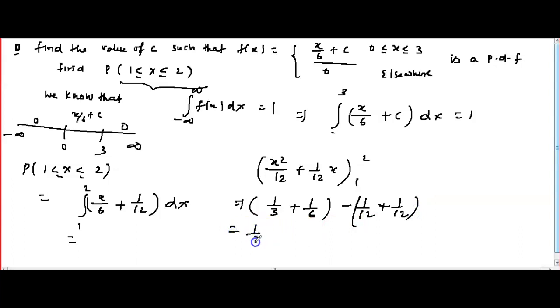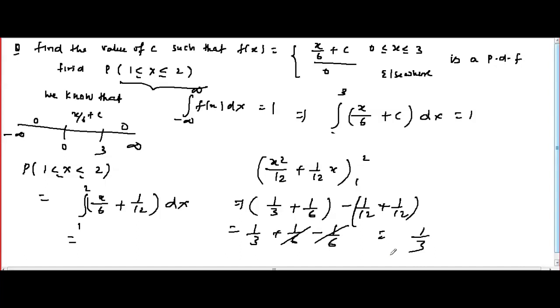So this is 1 by 3 plus 1 by 6, and minus 1 by 6. So this one gets cancelled here. You will get 1 by 3. Okay, no doubt in this.